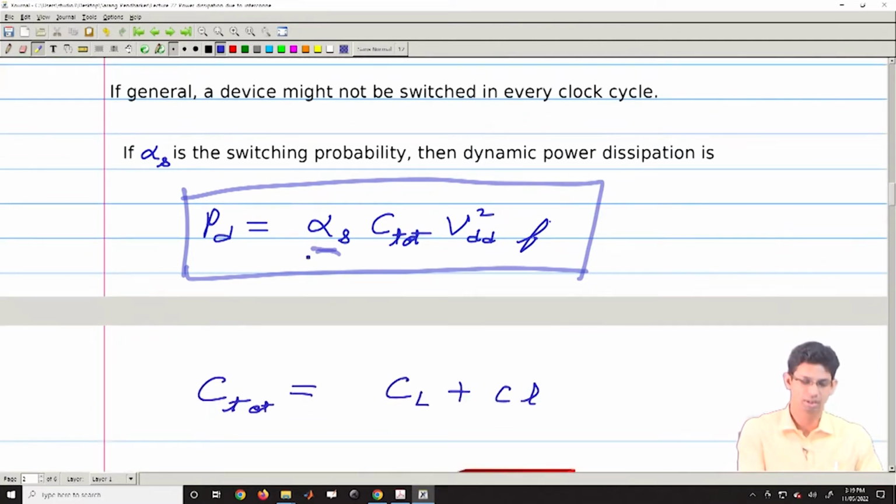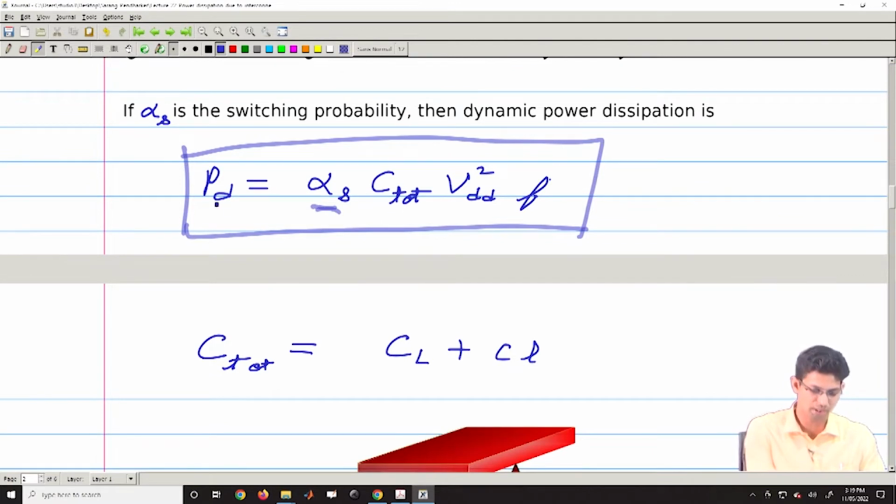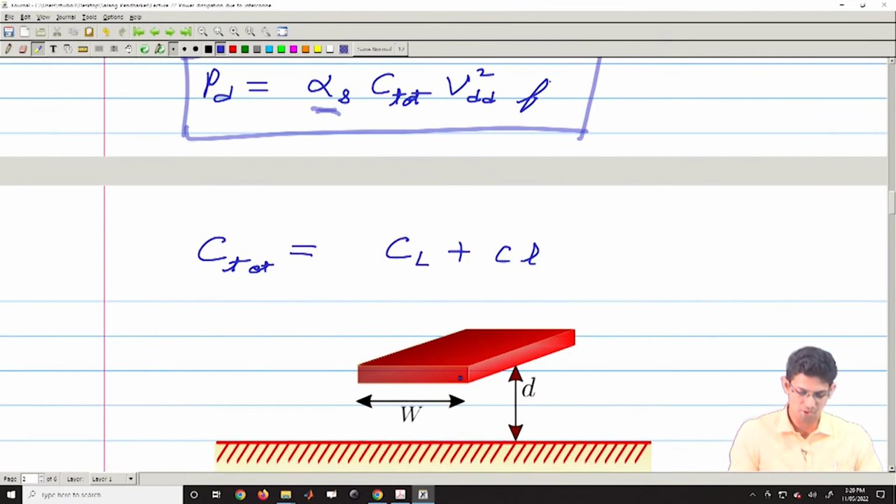Now, how will this power dissipation depend on the interconnect? So, this relationship should be simple. Your C total comes as a linear term with power dissipation. And now, if I look at interconnect, what is my total capacitance?